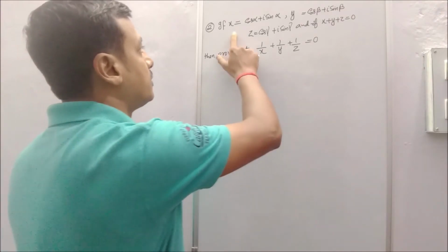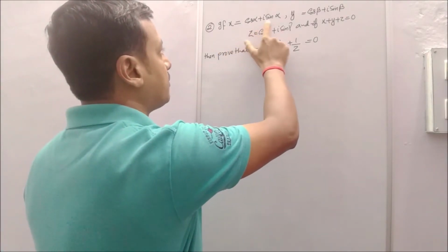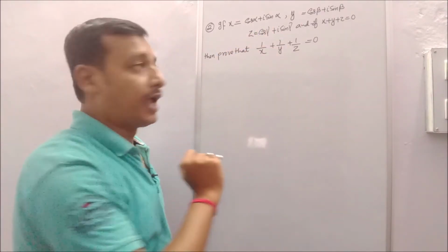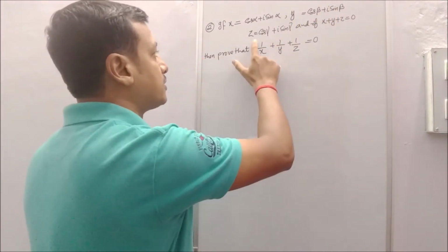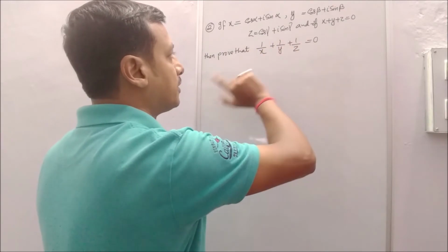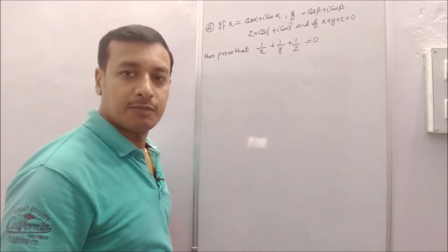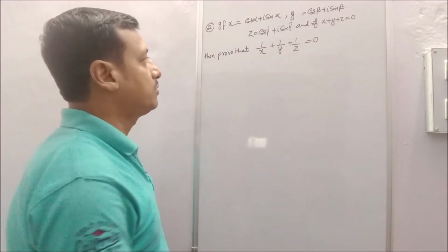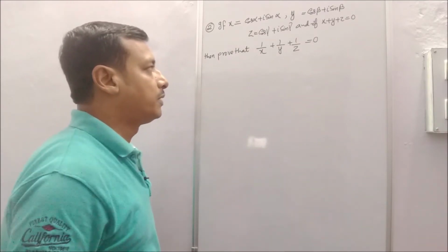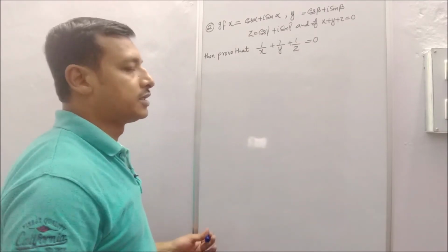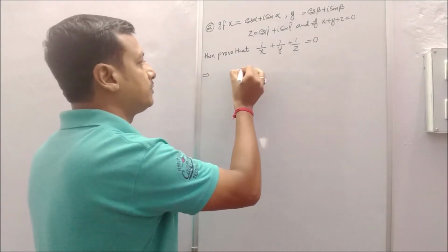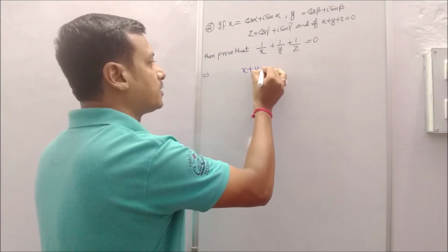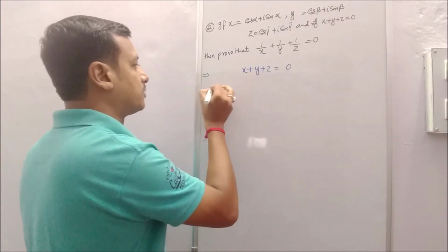if x is equal to cos alpha plus I sin alpha, and y is equal to cos beta plus I sin beta, and z is equal to cos gamma plus I sin gamma, and if x plus y plus z is equal to 0, then prove that 1 by x plus 1 by y plus 1 by z is equal to 0. So it is given x plus y plus z is equal to 0.